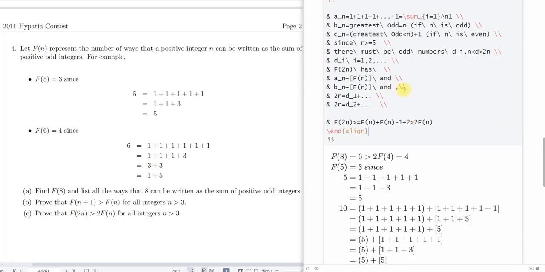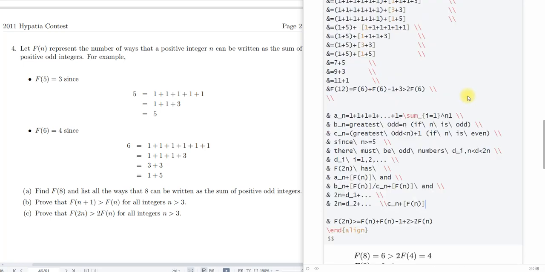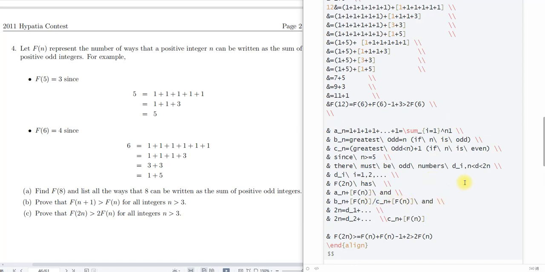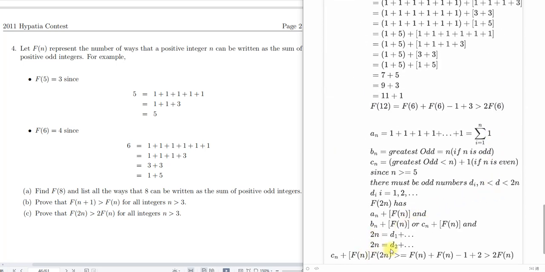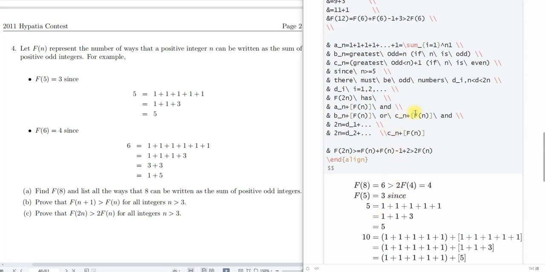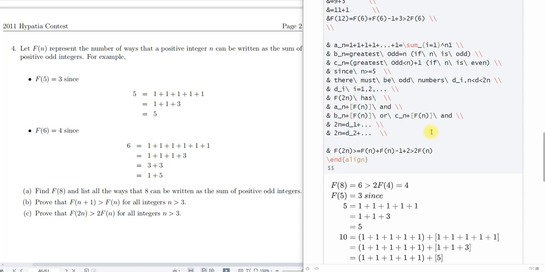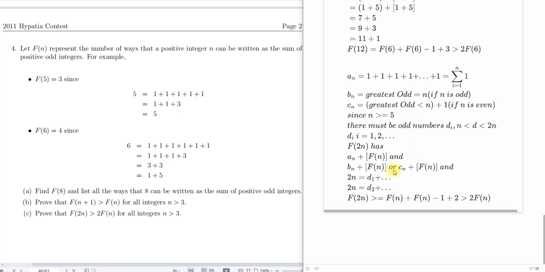Let me put it here like that. Okay, so that will be more clear.